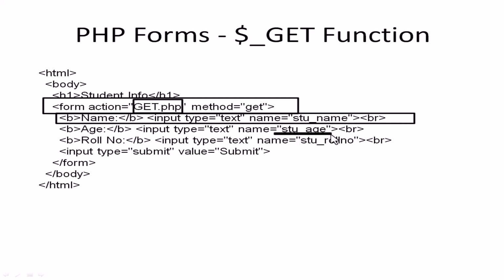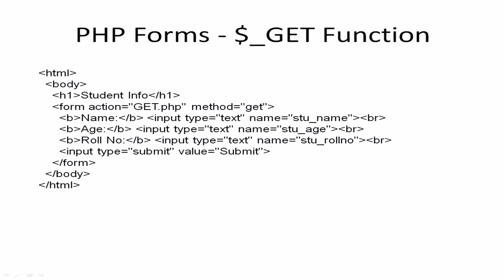These are the parameters to be typed by the user. All three are text boxes, and finally we have one button, the submit button. If you press the submit button, it navigates to the content called get.php, so get.php has to be invoked. Now let us see this program.